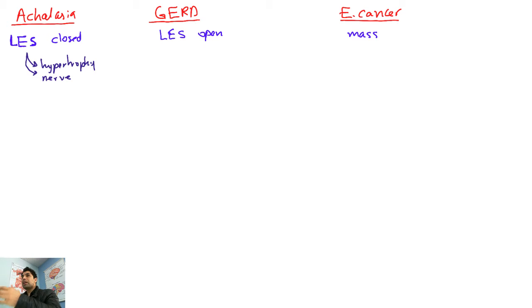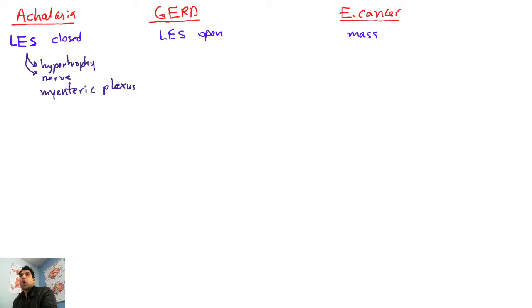So the nerves within the muscle of the esophagus are probably defective. So it's a defect of the myenteric plexus. Okay, so let's write this down. Myenteric plexus are defective.